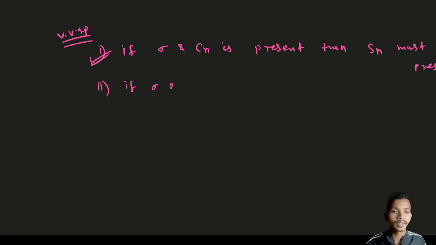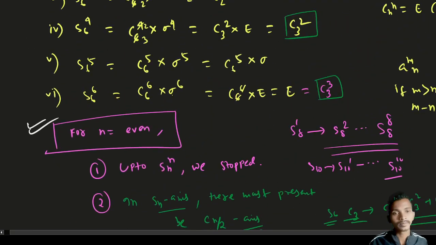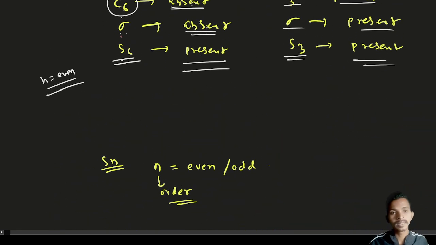if sigma and Cn are absent, then Sn may or may not be present. See here for staggered ethane, these are absent, but this is present.